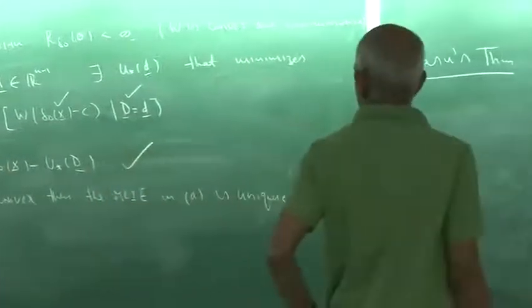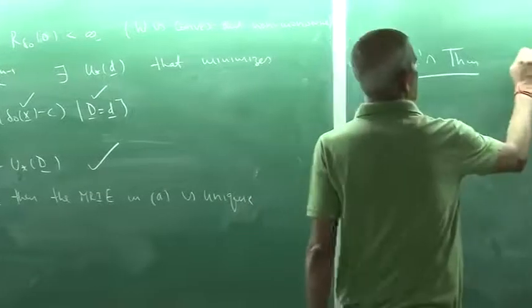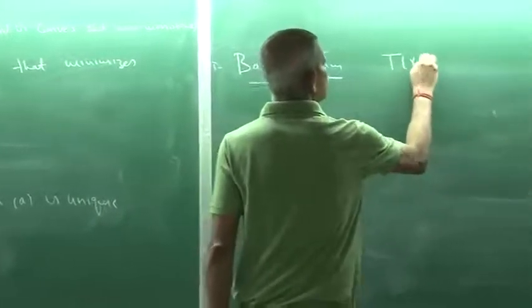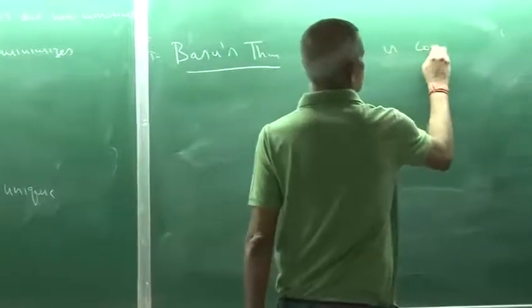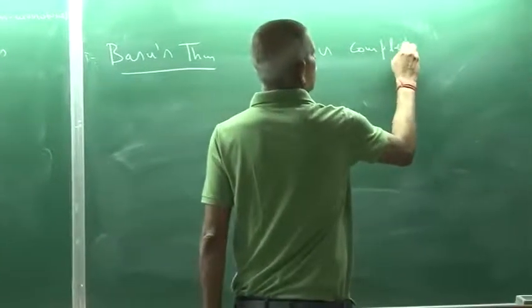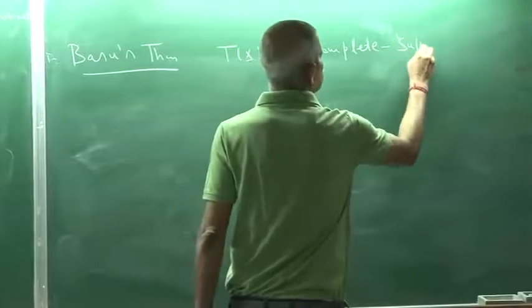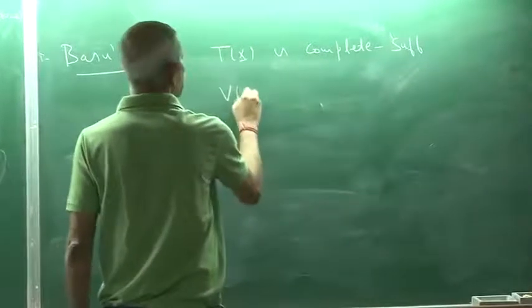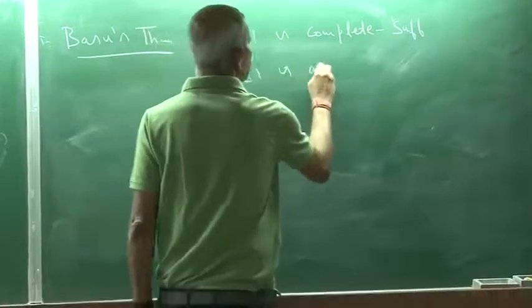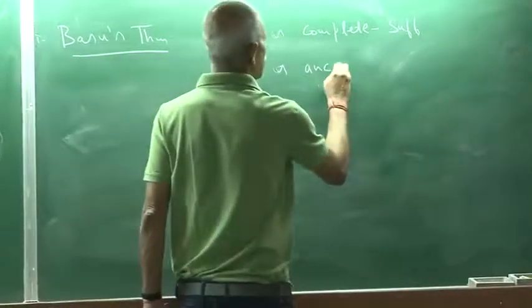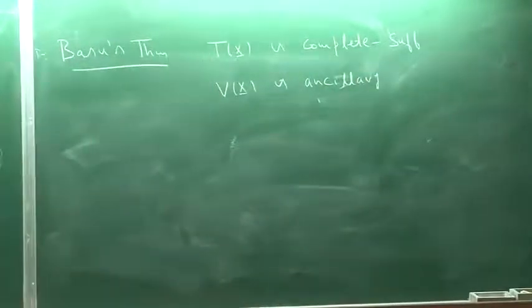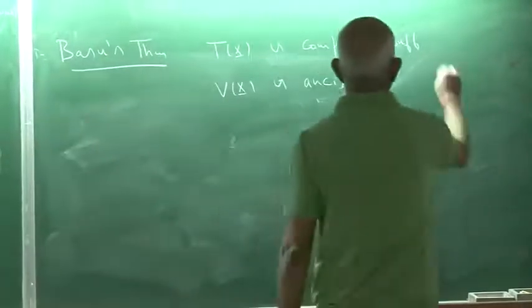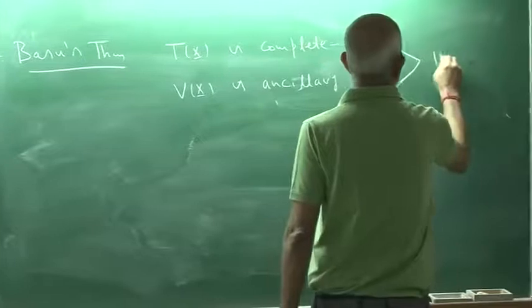Basu's theorem says if T(X) is complete sufficient, in fact, you only need boundedly complete, but let us write down complete sufficient, and V(X) is ancillary, ancillary means its distribution does not depend on theta, the unknown parameter, then they are independent.